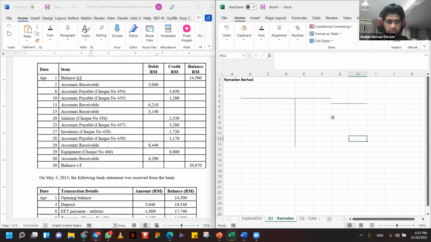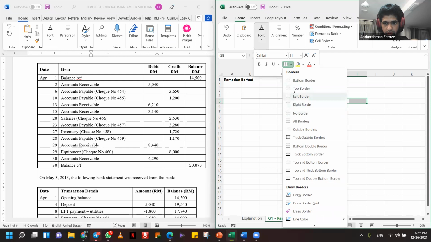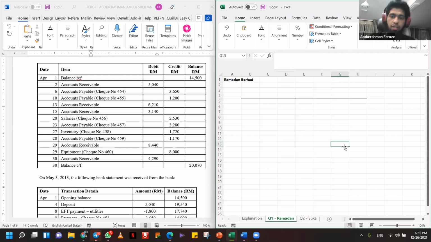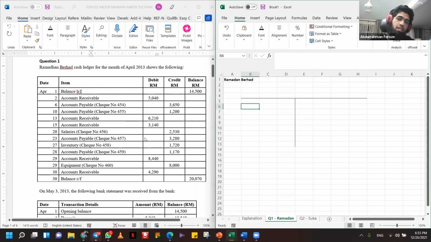So what we do here is we take the balance brought forward by the cash book. So this is the cash book, right? And we deduct from it or add to it any of the differences, anything that is there in the bank statement but not there in the cash book. We make the change here, right? So let's begin that.